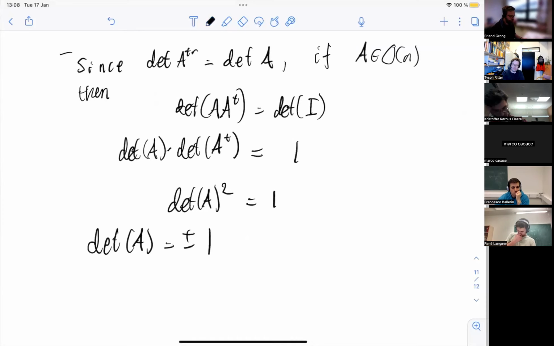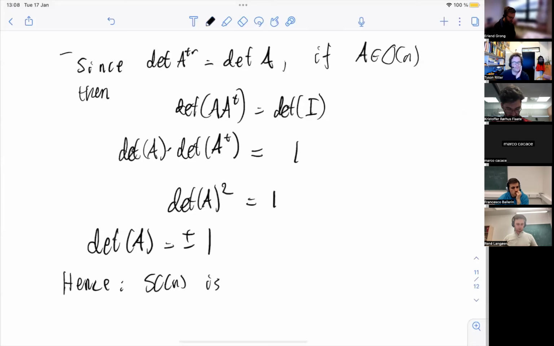And this idea will actually be important when we come back to connectivity in the next lecture. So hence SO(n) is only the determinant equal to 1 part.